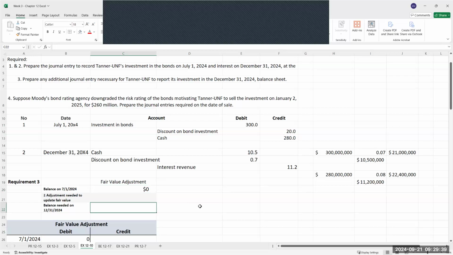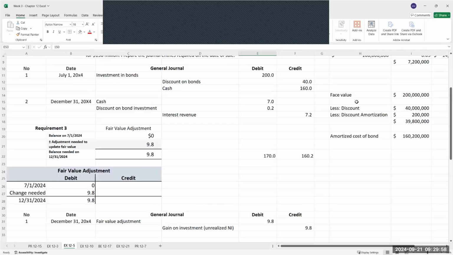So similar to the previous problem, as of right now, the market is telling us is $285 million, but we need to determine what is the amortized cost of our bond at the moment. So how do we determine it? And I'll copy it from the previous problem.